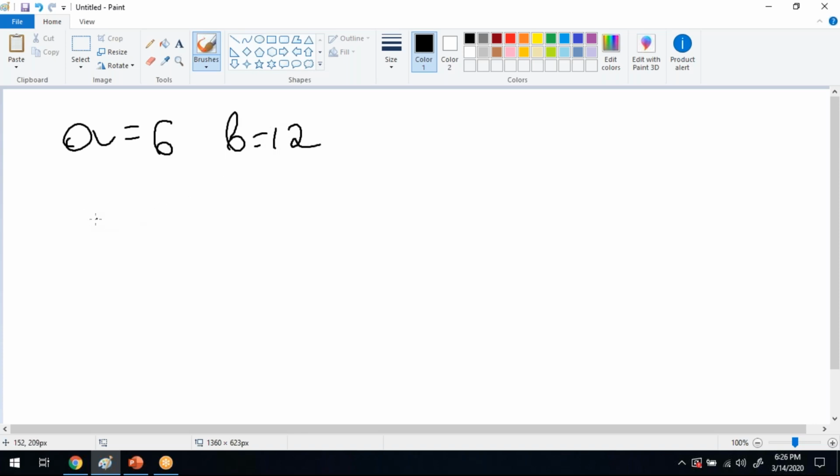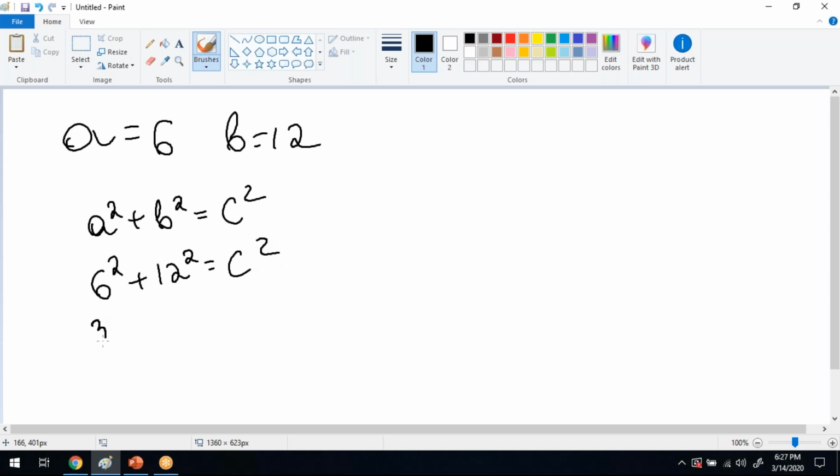By the Pythagoras theorem, I know that A squared plus B squared equals C squared. So 6 squared plus 12 squared equals C squared. So 36 plus 144 equals C squared. If I add them, I get 108 equals C squared.